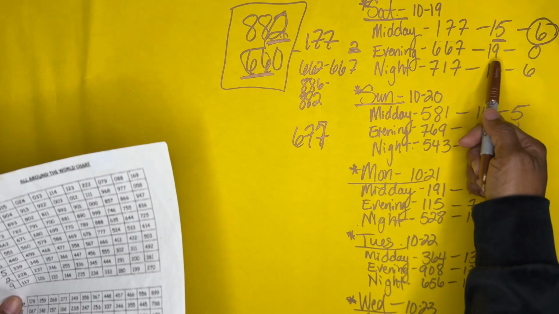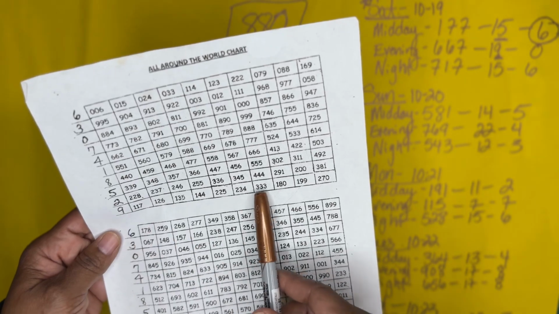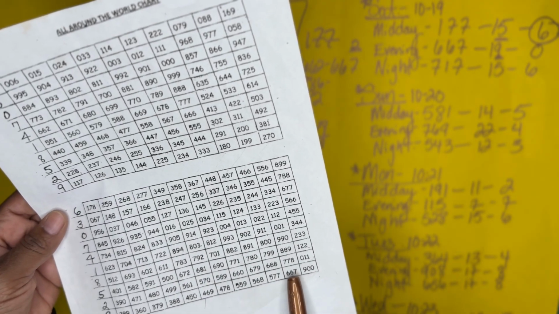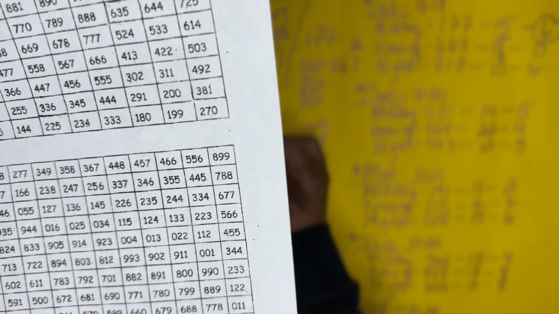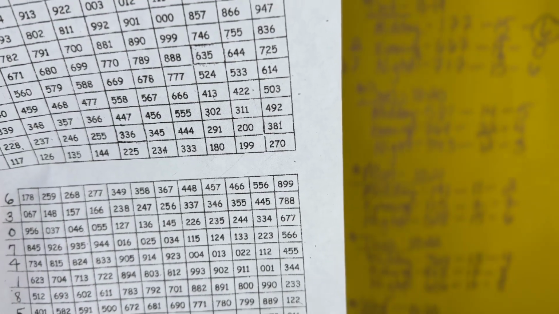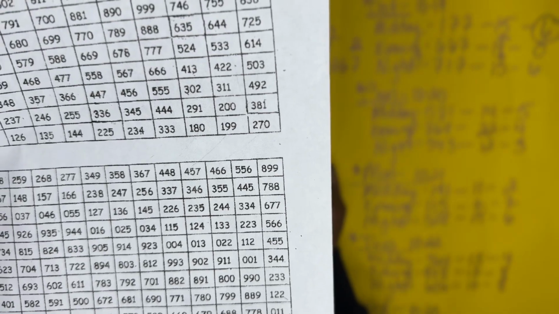You have 9 here, so you're looking for 9 on your chart. That's not at the top. There it is at the bottom, 667. So I would write 778. And since it's at the bottom, you jump to the top, and that's 556.